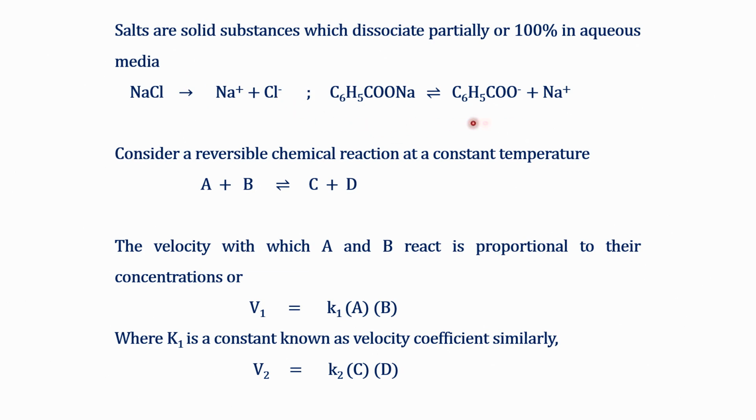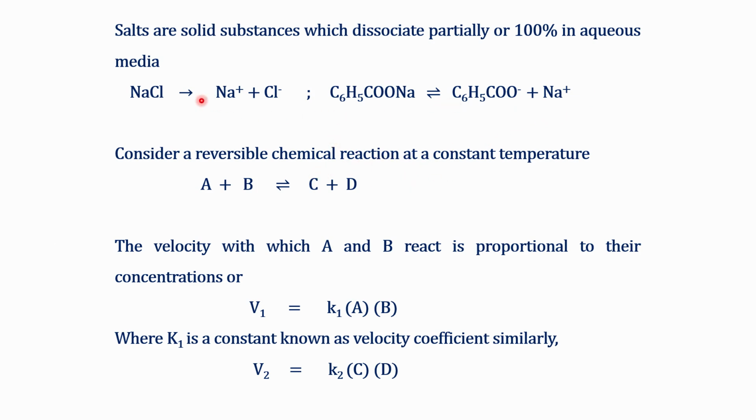Okay. Then I have what is known as sodium benzoate, this compound, C6H5COONa. If it is H here, it is benzoic acid. Now it is benzoate, sodium benzoate. So, sodium benzoate can also dissociate into benzoate anion and sodium cation.